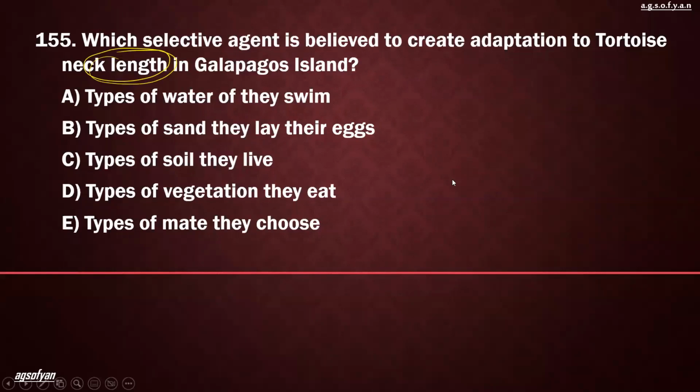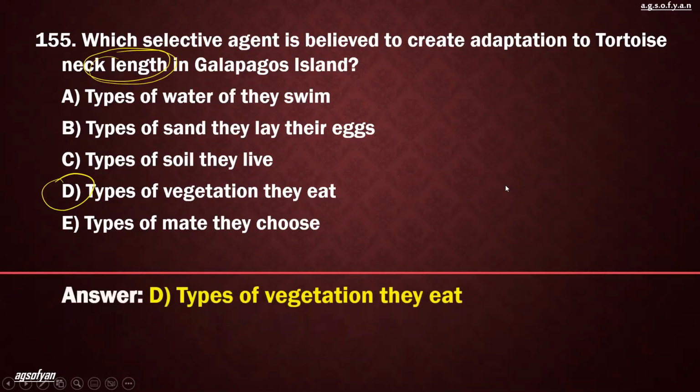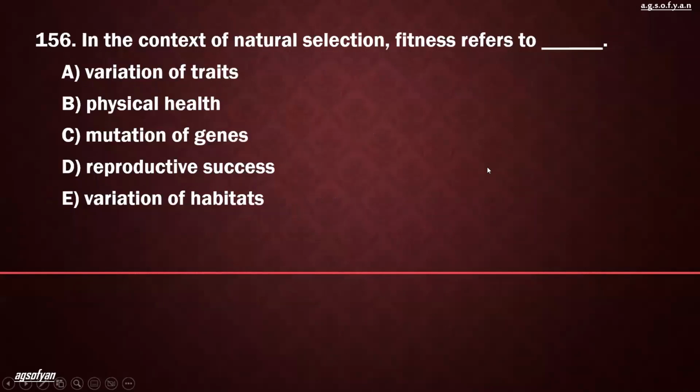Okay, do you have good choices? You said it was because of the food, right? So it would be mostly the types of vegetation they eat. Yes. So it's going to be the type of vegetation that they eat. That's the adaptation for tortoises in the Galapagos Islands. Some of them have longer necks, some shorter, because of the different types of plants that they eat.